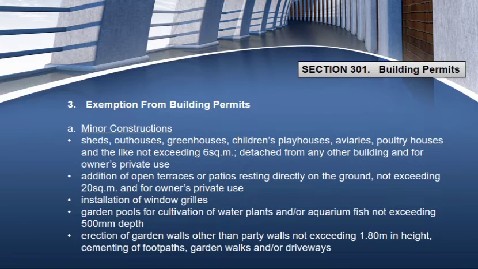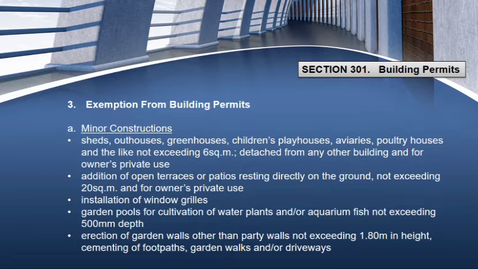Number 3. Exemption from building permits. And there are 2 categories under this exemption, which are the minor constructions and the repair works. And the following are considered to be minor constructions. If magpapagawa po tayo ng sheds, outhouses, ang outhouse po is a small structure separated from the main building which covers its toilet.